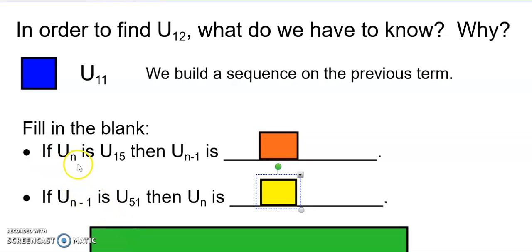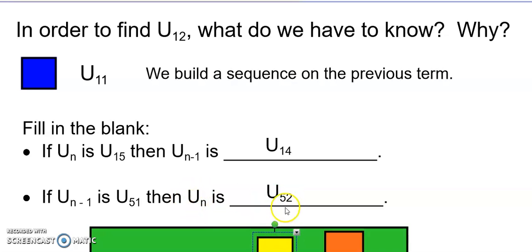If u sub n is 15, then u sub n minus 1 is 14. If u sub n minus 1 is 51, this one's tricky, then u sub n would be 52, because if n is 52, n minus 1 is 51.